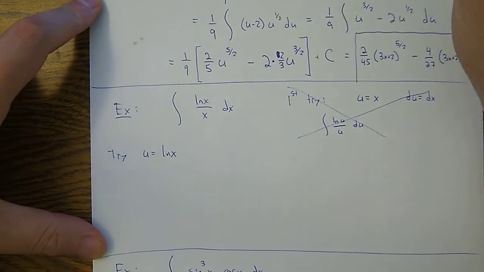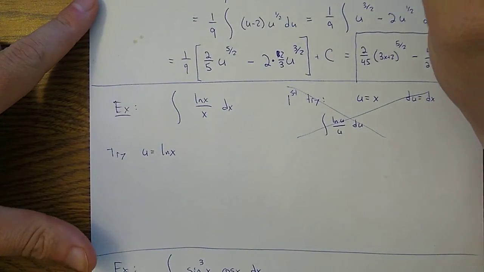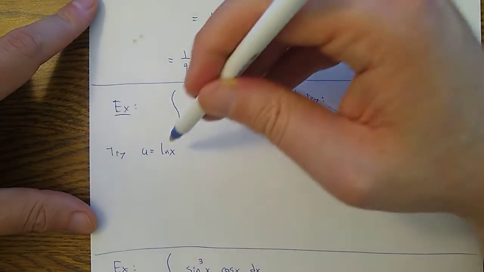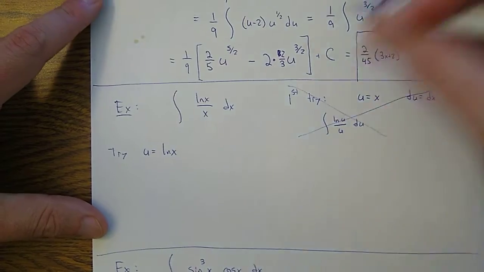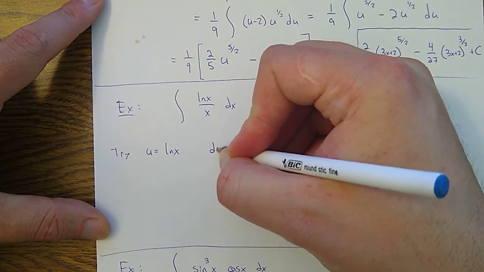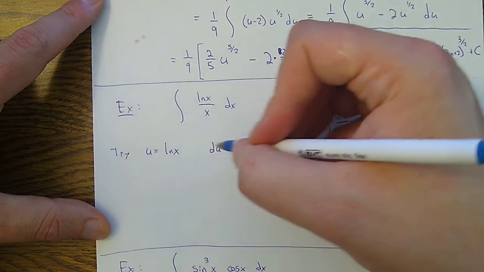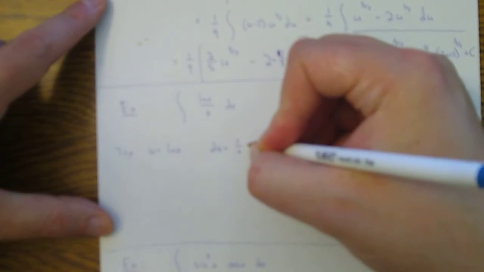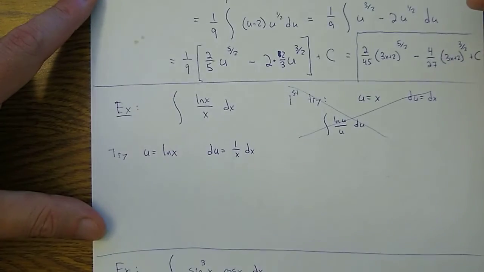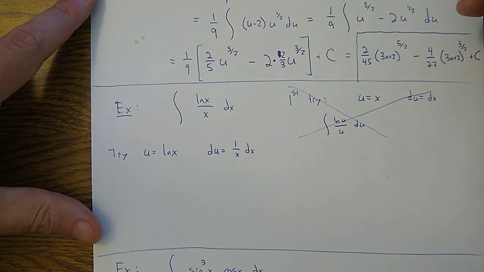And this is not necessarily following any particular advice I can give you. I'm just picking something else out of the equation and saying, well, what if I let u equal that? Maybe if we start to think about what du is, then we will start to piece it together.